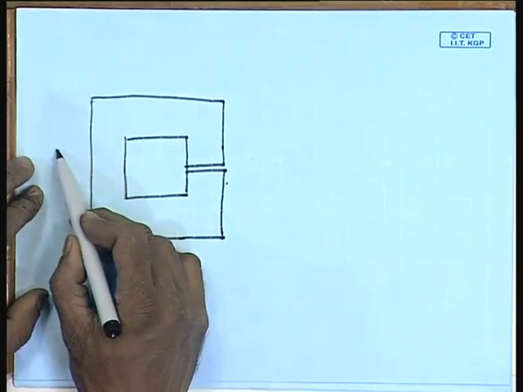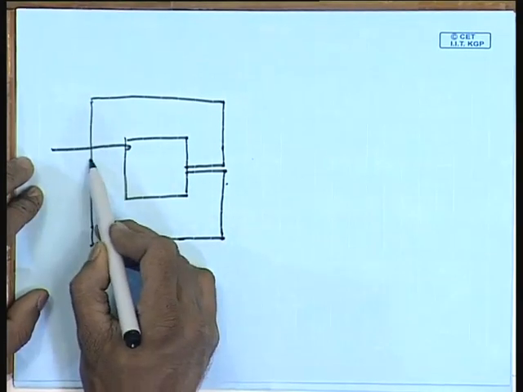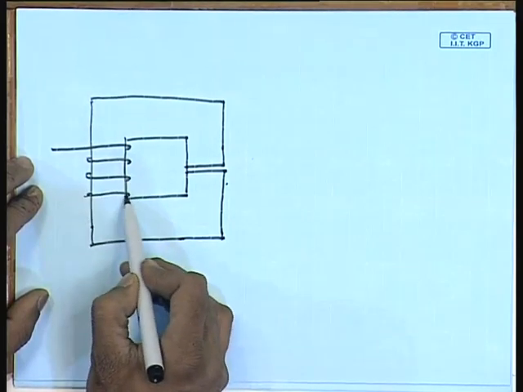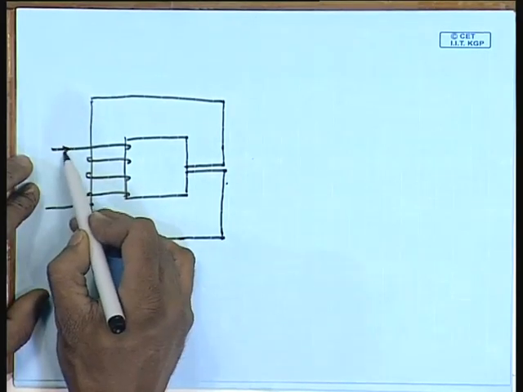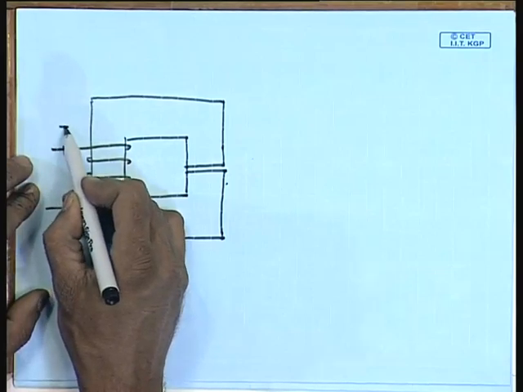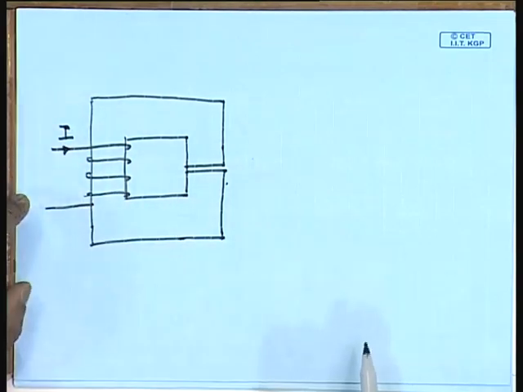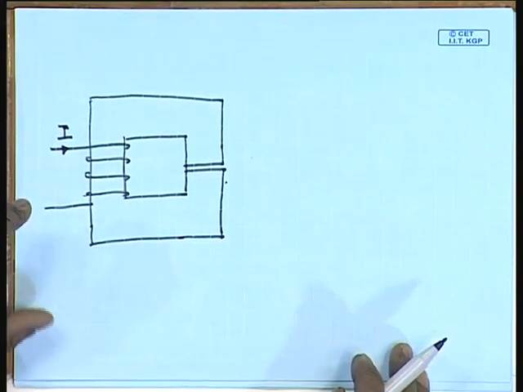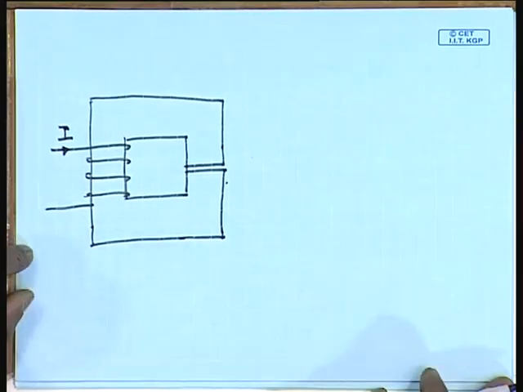So, given a number of turns and the current flowing through it, how are we going to find out what is the total flux circulated in this case, where the magnetic circuit has two different types of material with two different relative permeabilities?